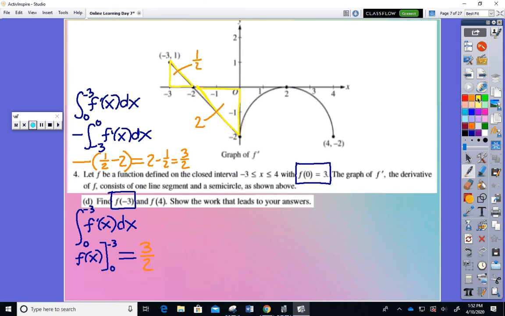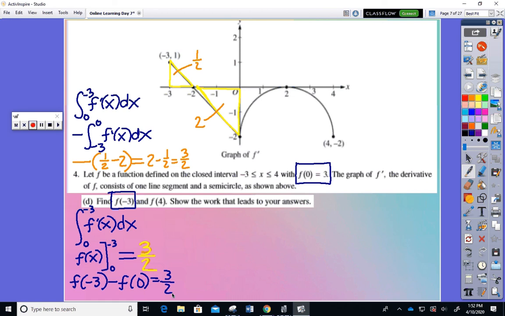I'll write that in yellow. That makes it show up a little bit better for you. All right, so now I know what to make the algebra side equal to on the geometry side. So let me proceed with the algebra. I'm going to do f of negative 3 minus f of 0, and that's equal to 3/2.